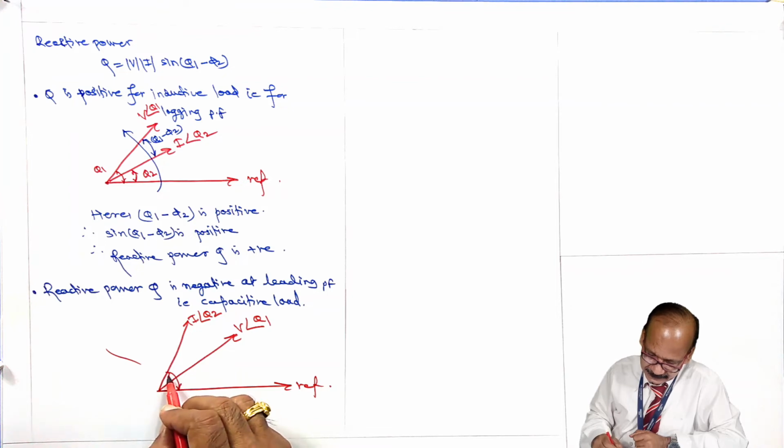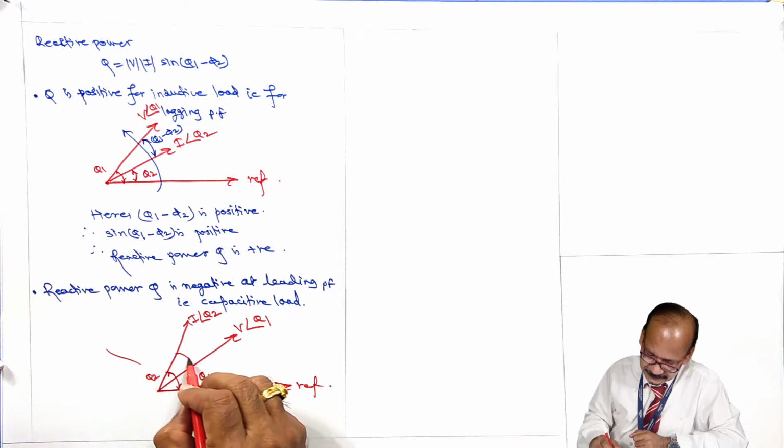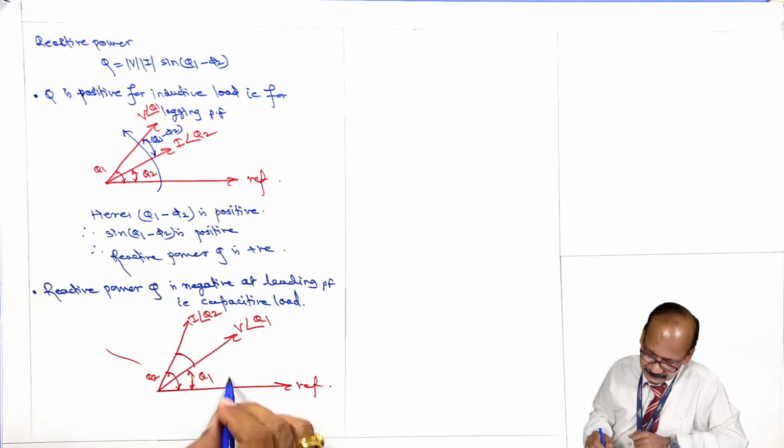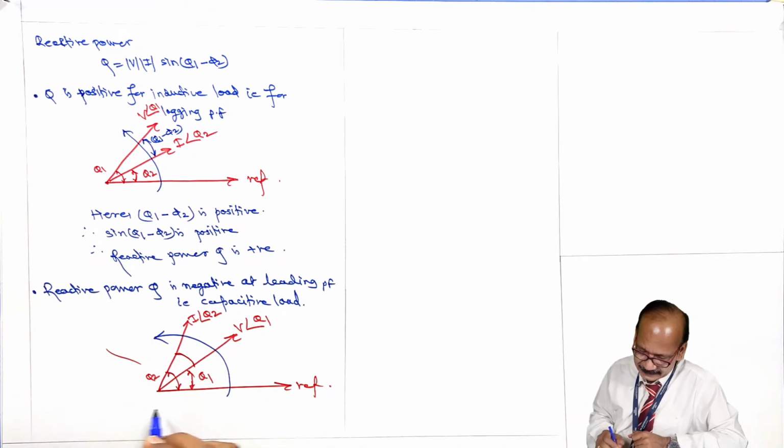So this is theta 2, this is theta 1, and therefore the current is leading. So theta 1 minus theta 2 is negative.